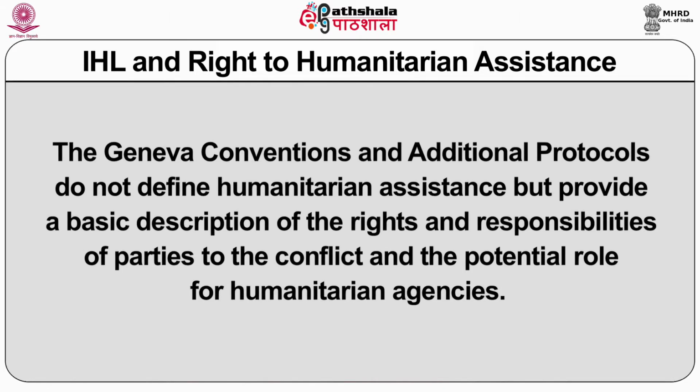The Geneva Conventions and additional protocols do not define humanitarian assistance, but provide a basic description of the rights and responsibilities of parties to the conflict and the potential role for humanitarian agencies.